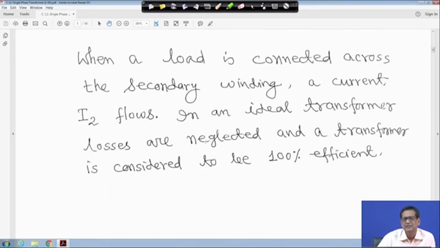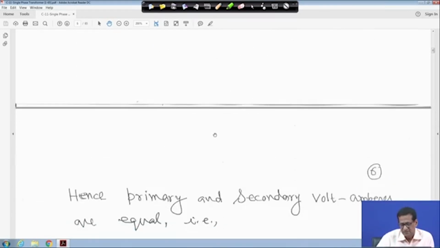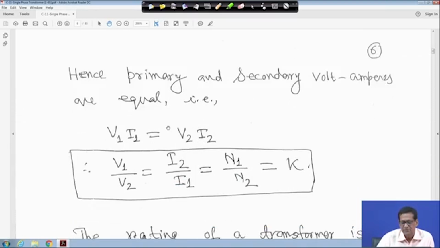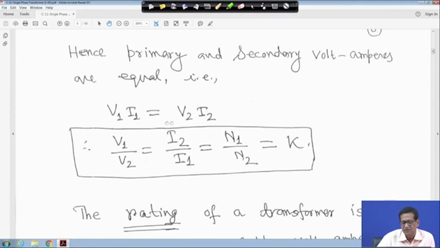Although in reality an ideal transformer is not possible, it is for the sake of clarification. Hence the primary and secondary volt amperes will be equal, that is V1 into I1 must be equal to V2 into I2, where V1 is the primary side voltage, I1 is the primary side current, V2 is the secondary side voltage and I2 is the secondary side current.